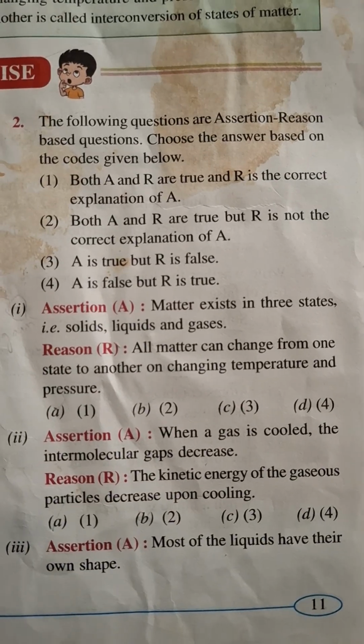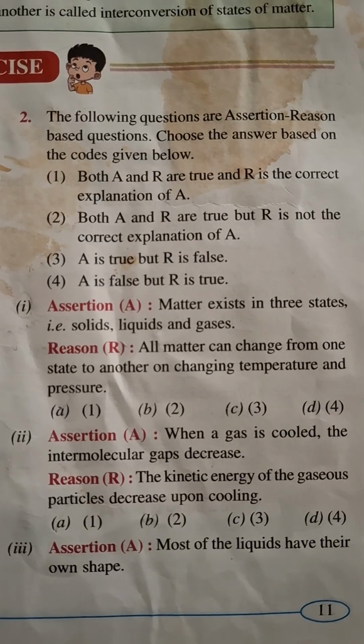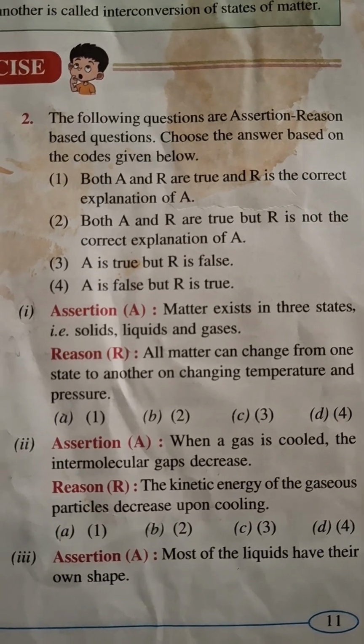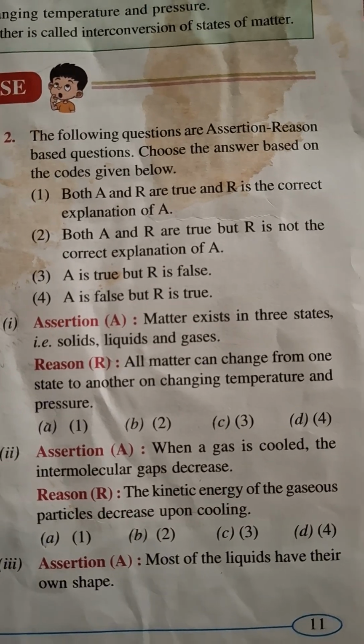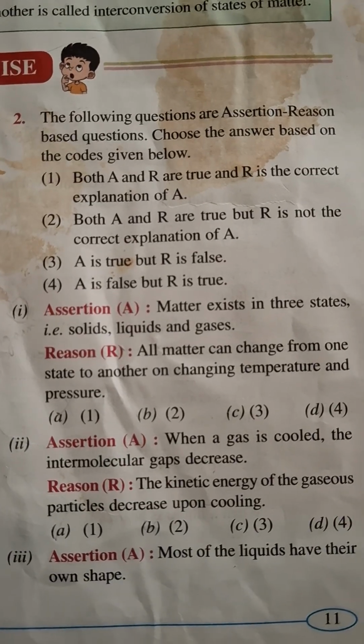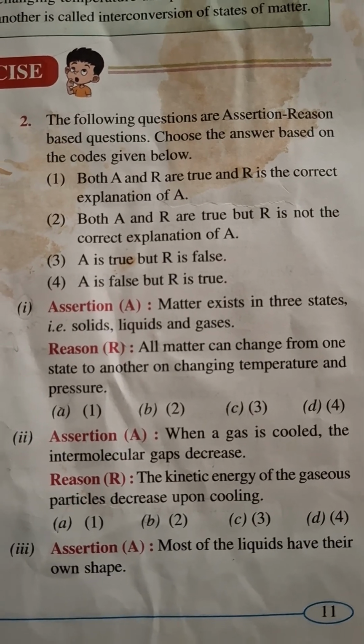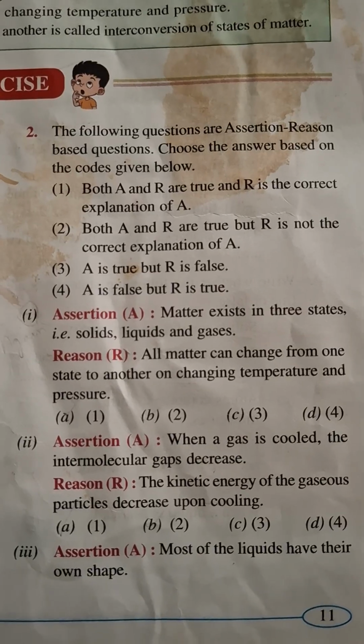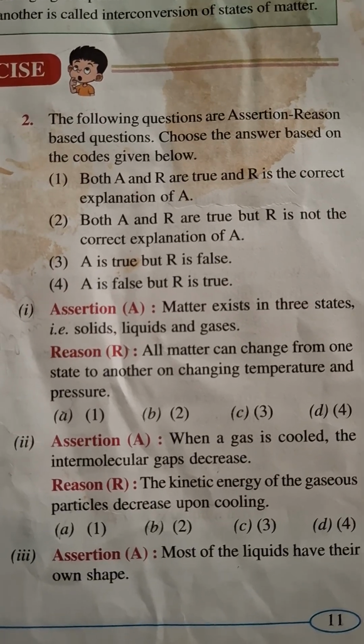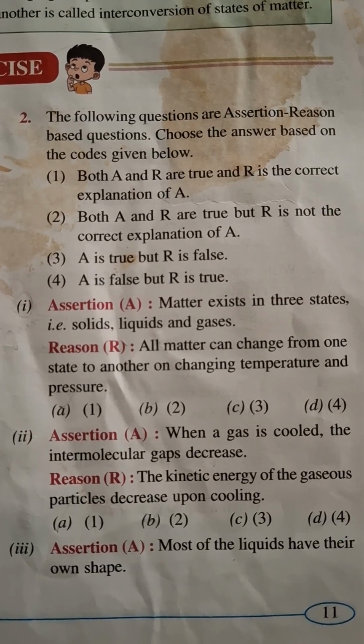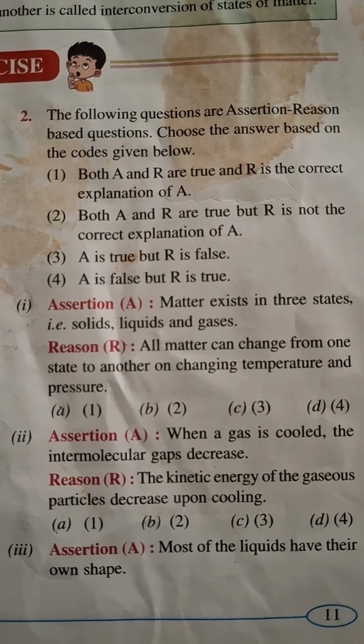So matter exists in 3 states: solids, liquids and gases. But the reason that they have given, all matter can change from one state to another on changing temperature and pressure, that reason is false, because all types of matter do not change from one state to another.